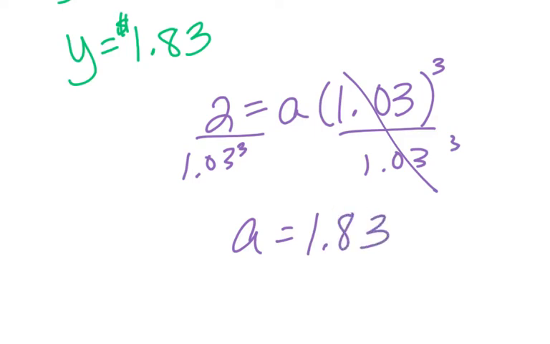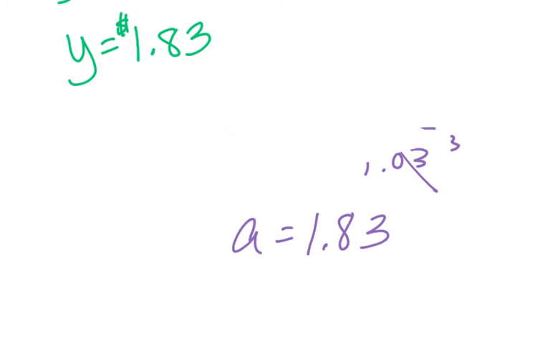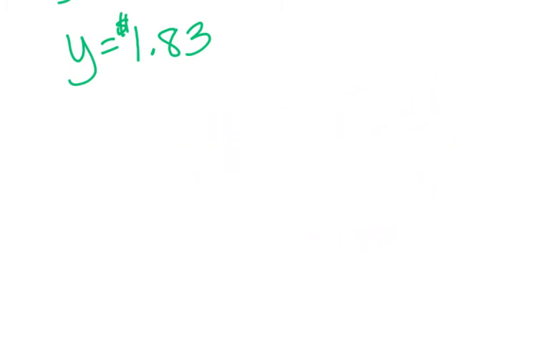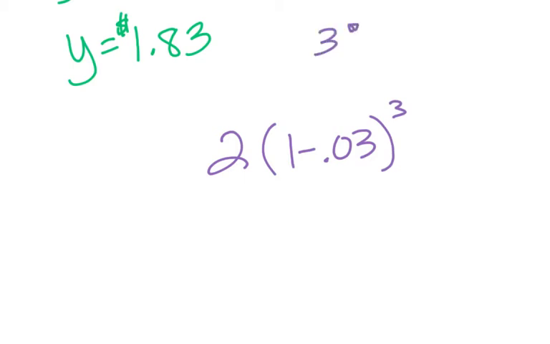What you don't want to do, because this will not work, is say I'm going to do $2 and 1 minus 0.03 for 3 years. You can't take off the 3%, because remember, a percent is a percent of something, and you're doing a percent of something different here.